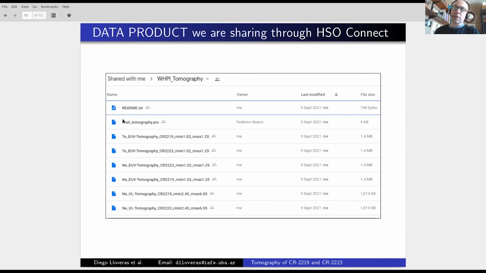And there's a small self-explanatory and standalone IDL code that can read these data cubes for you. It's pretty self-explanatory, but you can write to us. So hopefully this will be of interest for some of you. And I think that's all.